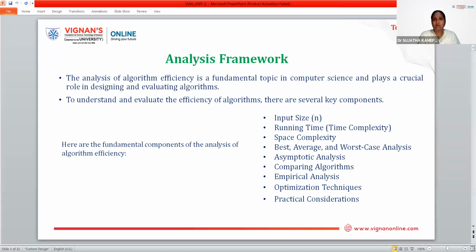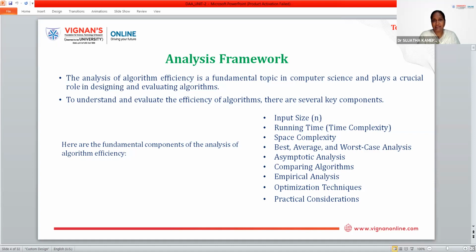Often, we use big O notation. Not only big O notation, we have other notations such as little o notation, omega notation, theta notation. Most probably, we use big O notation, which describes the upper bound of an algorithm's execution time.